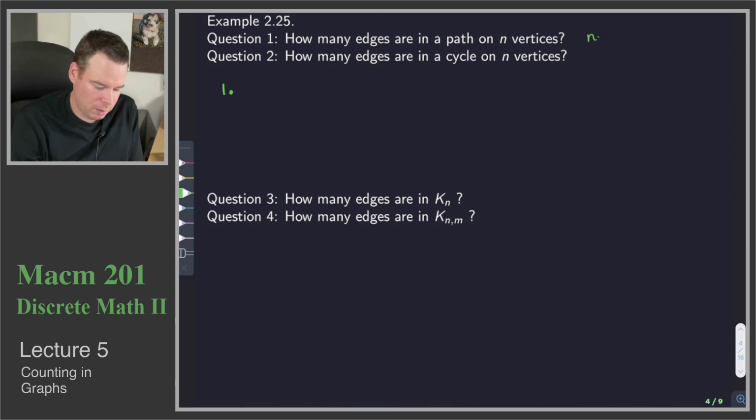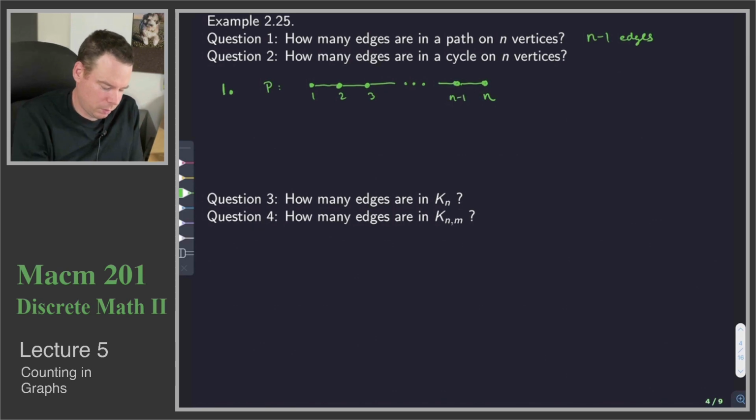So how many edges are there in a path on n vertices? There are n minus 1 edges. Why is that? Well, a path on n vertices looks like this. It starts at a vertex, then it's got an edge to another vertex, an edge to another vertex, and so on, all the way to, in this case, vertex n.